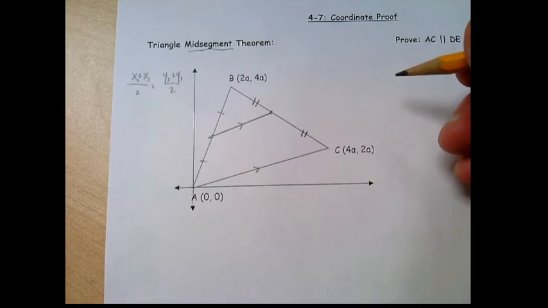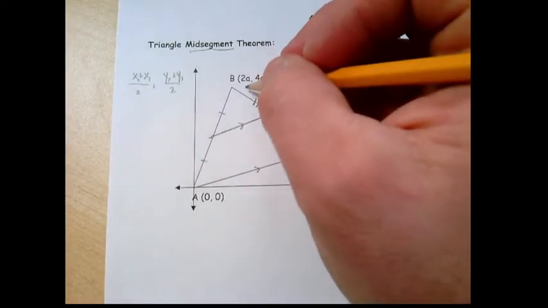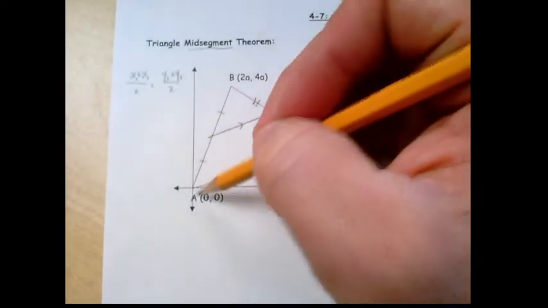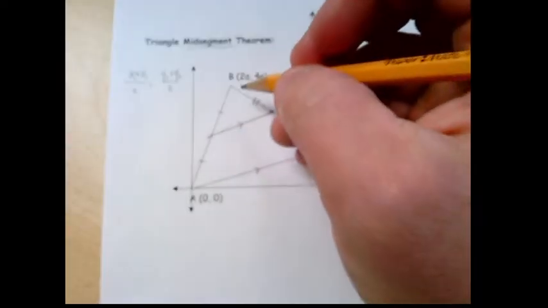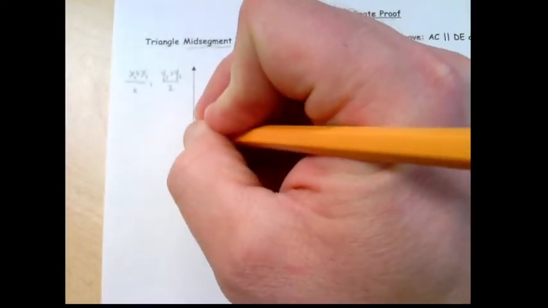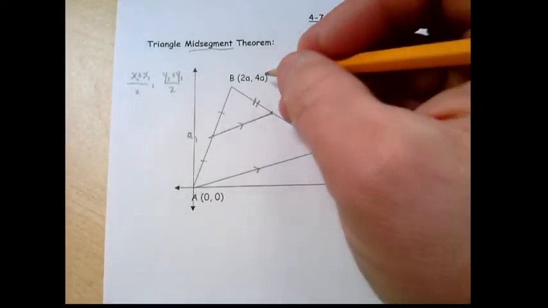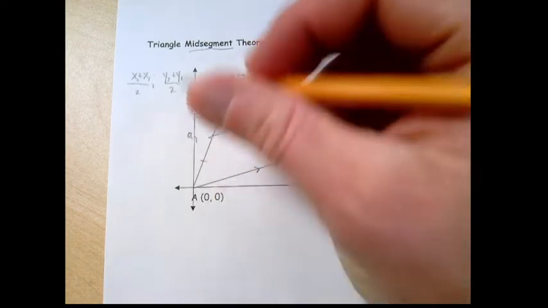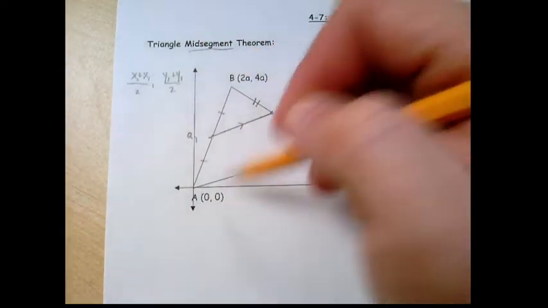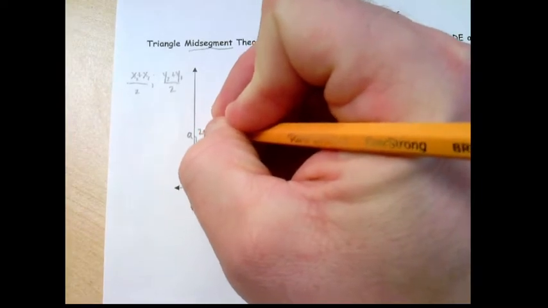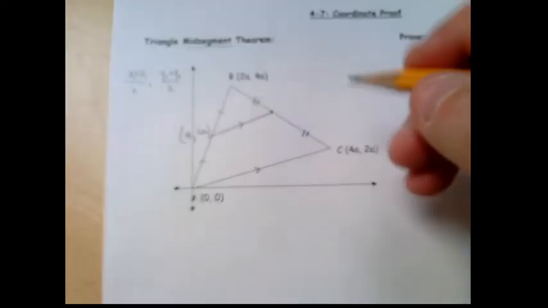Hopefully you can see that okay. If I go to 2a plus 0 divided by 2, that gives me just a. So my x value for my coordinate here is just going to be a. If I do 4a plus 0, again the y plus y, that's 4a divided by 2 is 2a. So that point right there is the midpoint of that side.